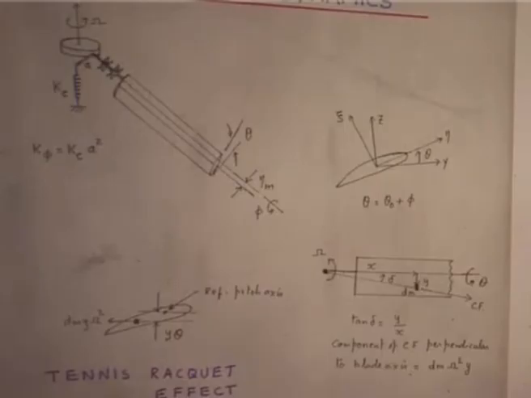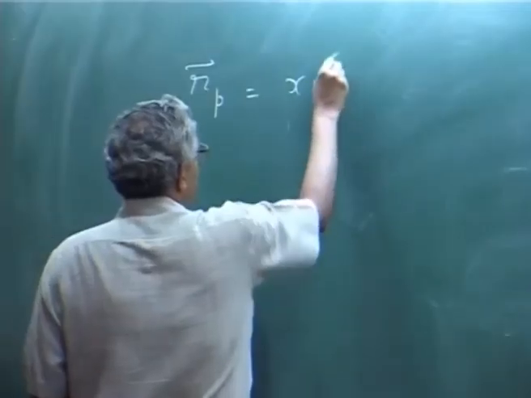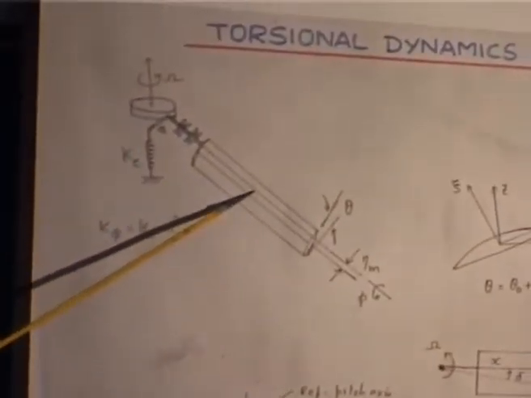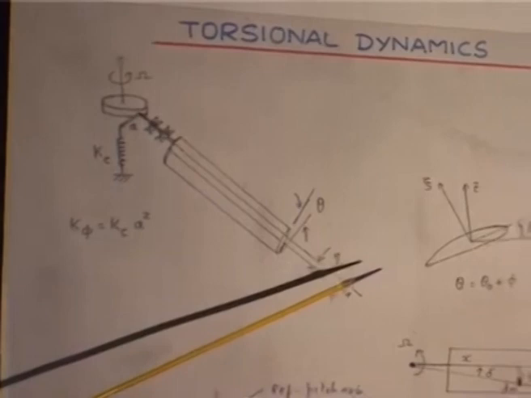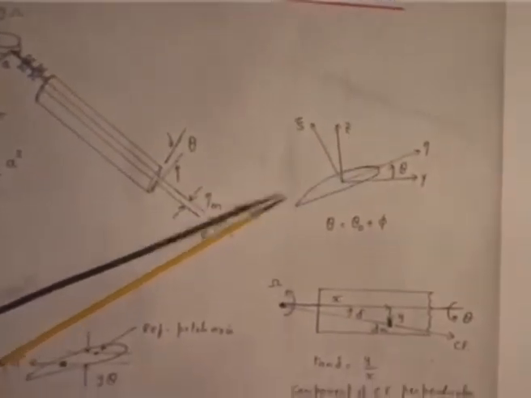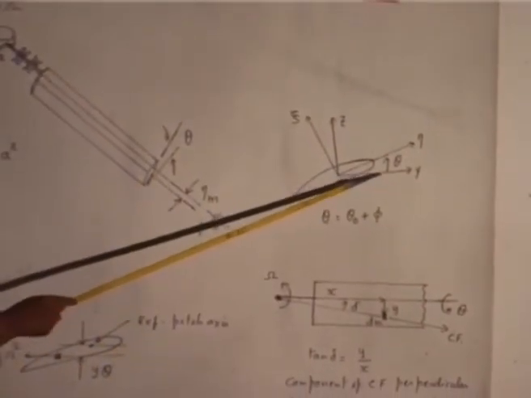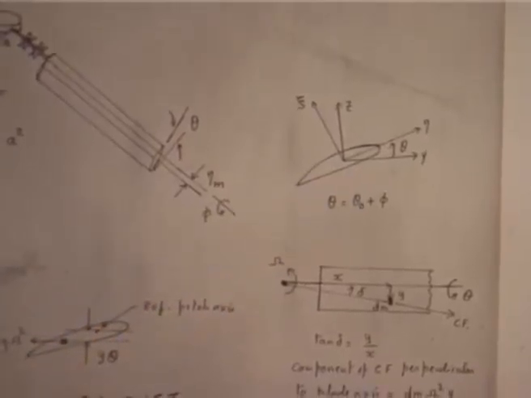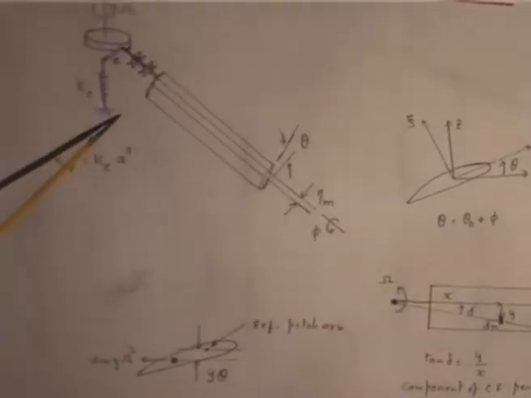Okay. I will just show this derivation, because this is a slightly interesting part. You take a position vector of any point, which is x I, because from the center you go to any line x I, and then in the cross section you have a given pitch angle theta naught, and there is an elastic twist. Elastic twist is because of the deformation of the spring.